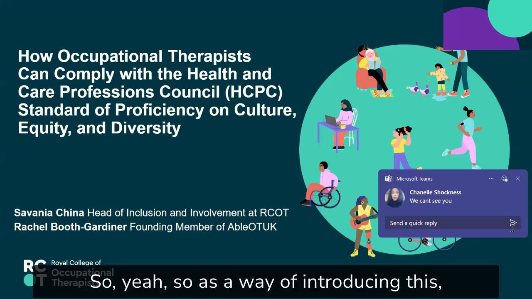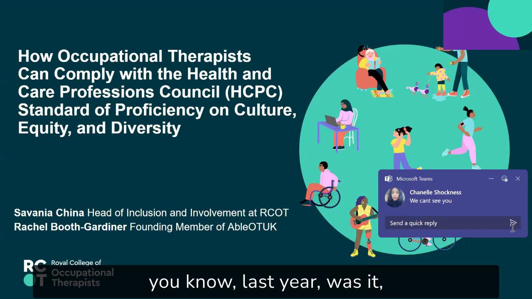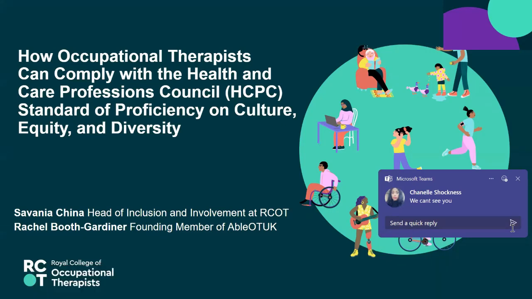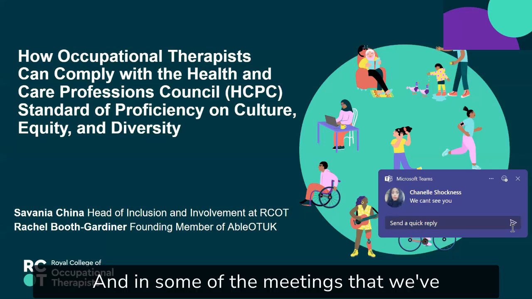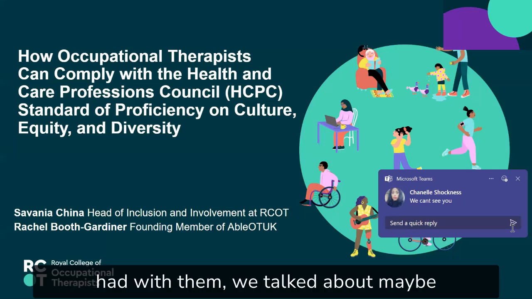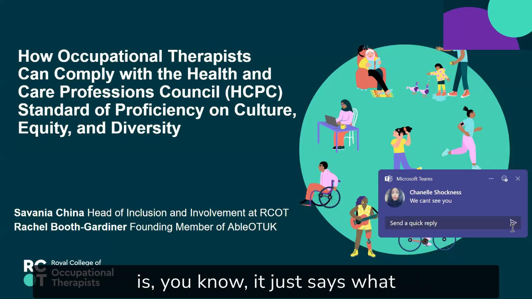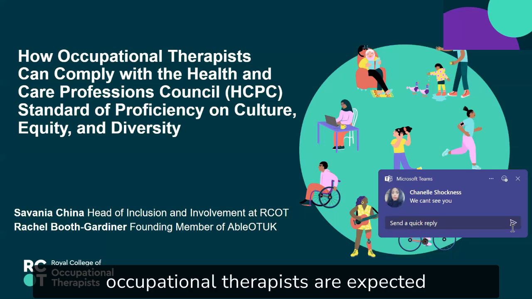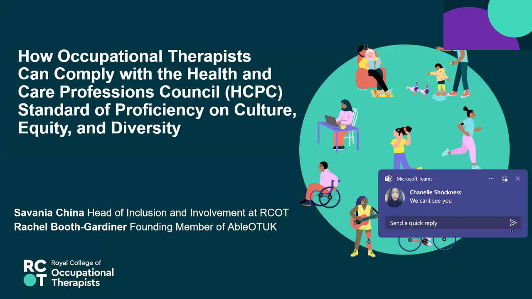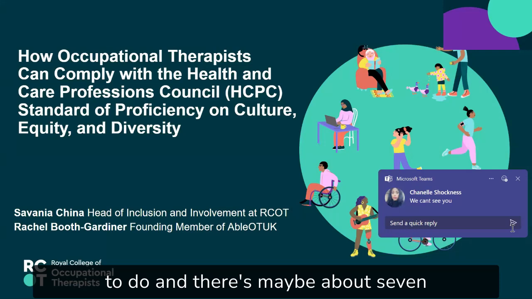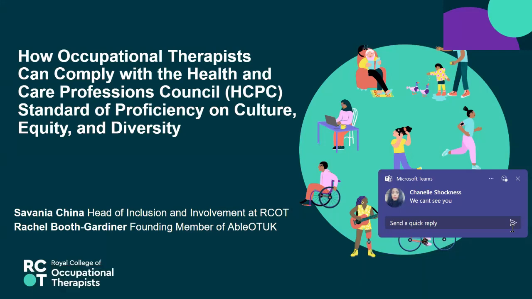So as a way of introducing this, last year, was it 2023, I think HCPC updated their standards, and in some of the meetings that we've had with them, we talked about maybe providing a guide, because the standard just says what occupational therapists are expected to do, in maybe about 7 bullet points.